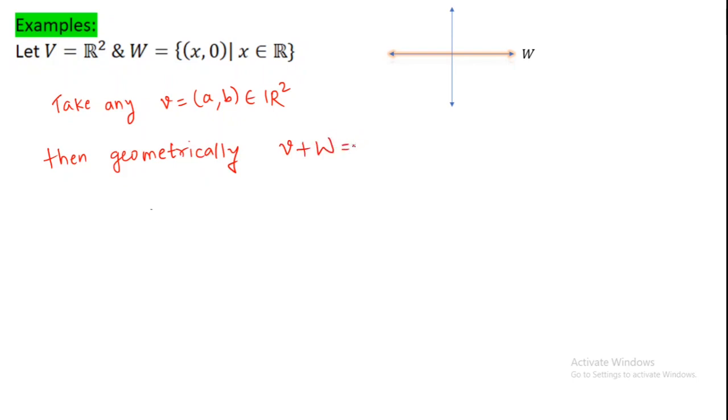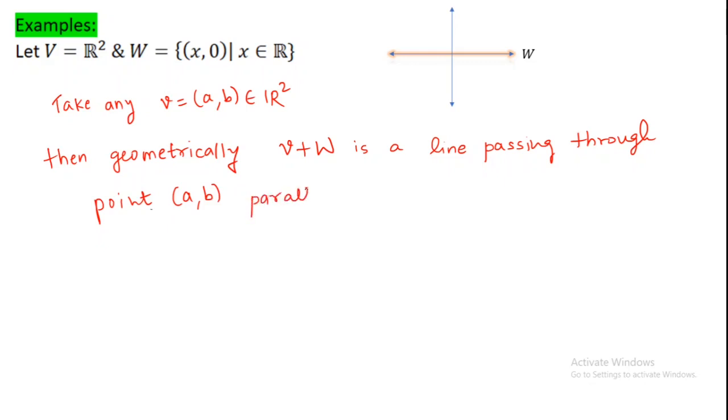Okay, so geometrically v plus w is a line passing through the point (a, b), parallel to the x-axis. Parallel to the x-axis. So this is about our first example.